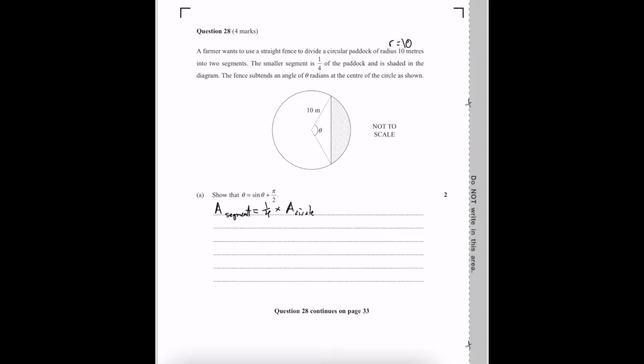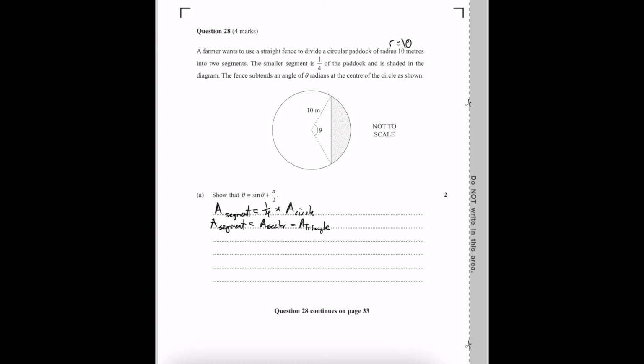But we also know that the area of the segment is just equal to the area of the sector minus the area of the triangle. So it's I guess this sector minus the triangle here.